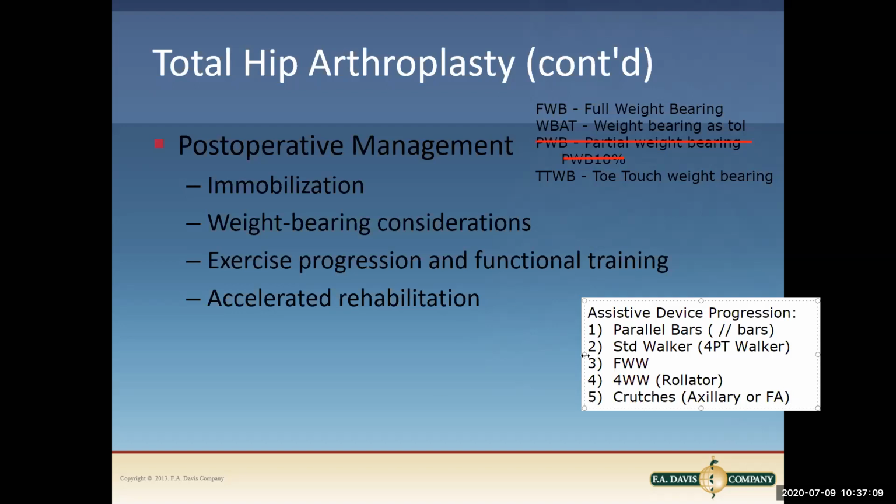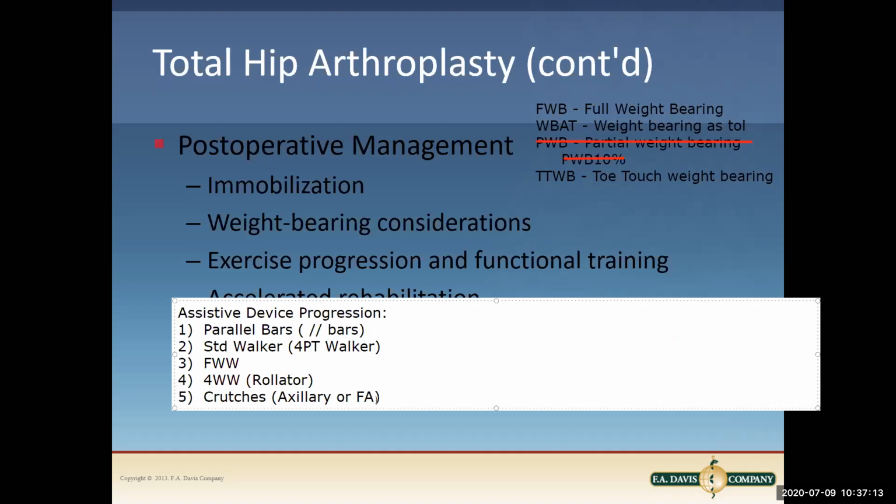Let me expand this a little bit. Forearm crutches, I'm actually going to type that out so it doesn't confuse you. Does anyone know what the other term for forearm crutches is? Canadian crutches, good. There's one more term for them. Lofstrand.